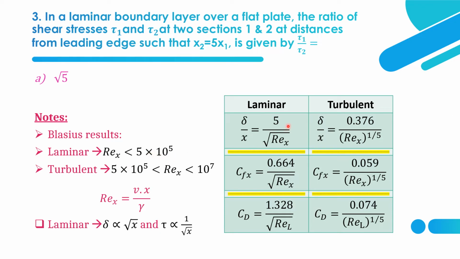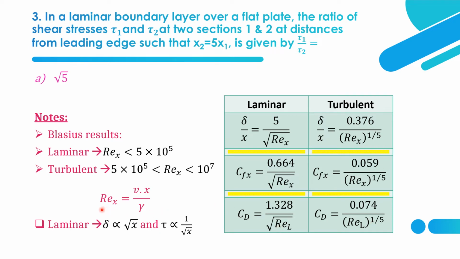When Reynolds number is less than 5 lakhs on that section over a flat plate, we can call that laminar flow. In case Reynolds number ranges from 5 lakhs to 10 power 7, then we can call it turbulent. And in case Reynolds number is more than 10 power 7, there exists another set of formulas that we are not studying here, that will be beyond our scope. So we are restricted only to study the Reynolds number up to 10 power 7. So we shall study these 6 relations alone.